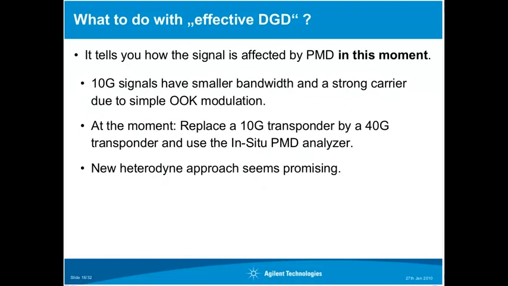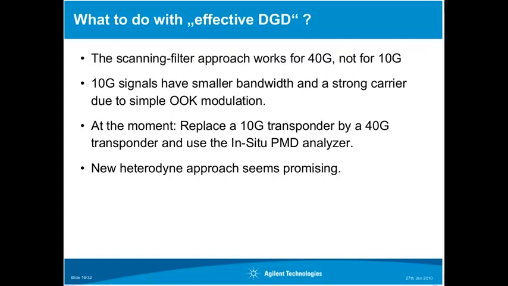So now a little more about the challenges of this method. We showed that this method works quite well for 40G channels. The 40 gigabit channels have a certain bandwidth. Normally they use a somewhat advanced modulation scheme like DQPSK, something like this.